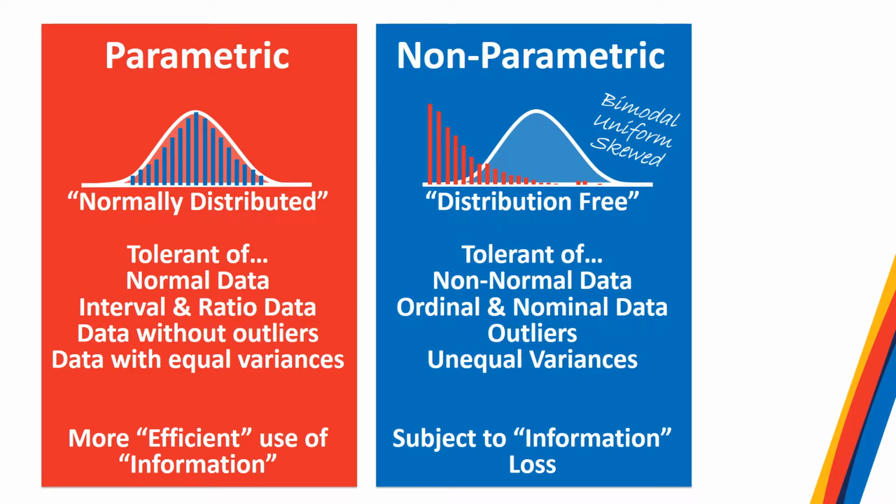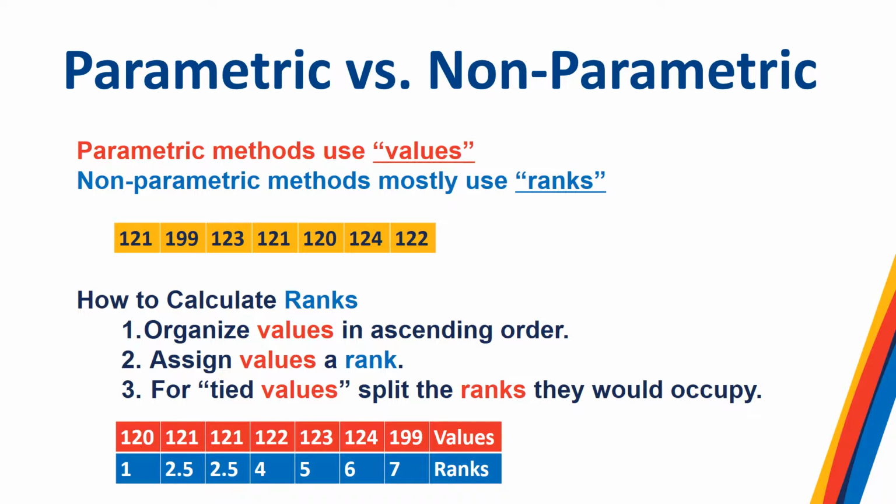So you can imagine that, say you had something like blood pressure or IQ scores, and the values would be like 121, 199, 123, and so forth. That would be fine for a parametric test, but nonparametric tests do something special with those values. Instead of looking at the specific values, they just look at the relationship between them to give you a sense of what's called the rank.